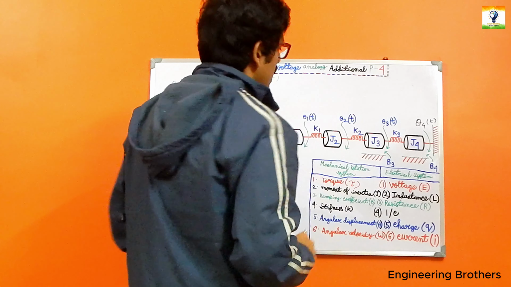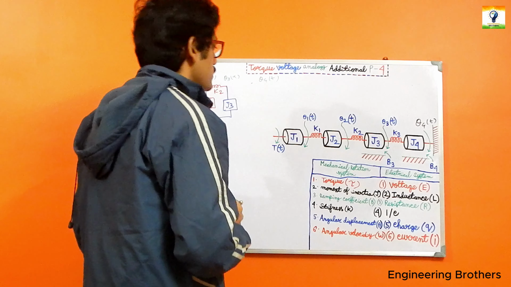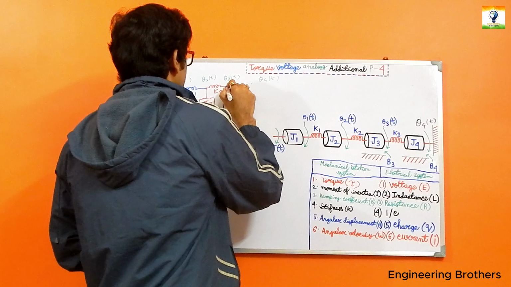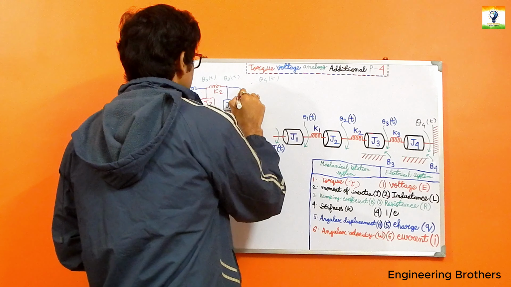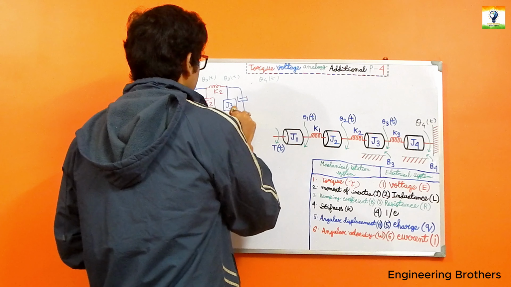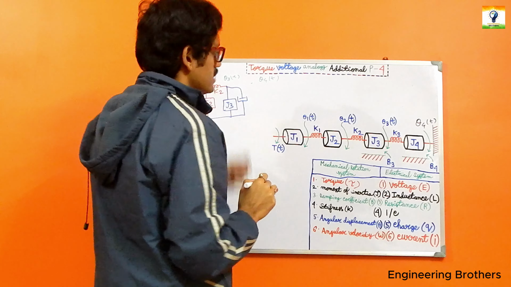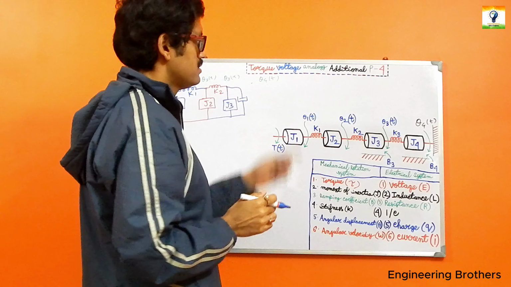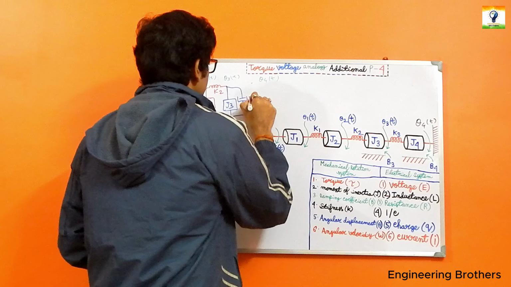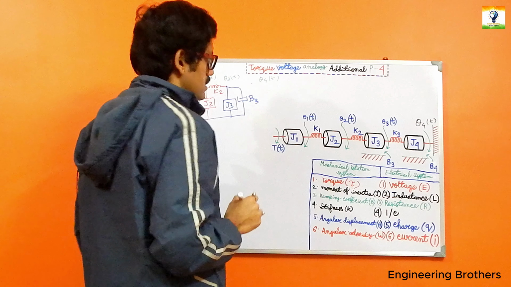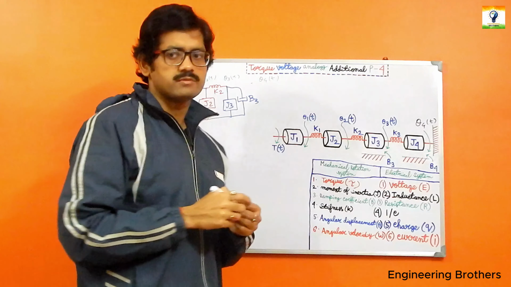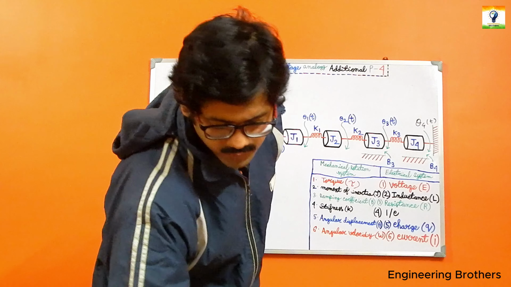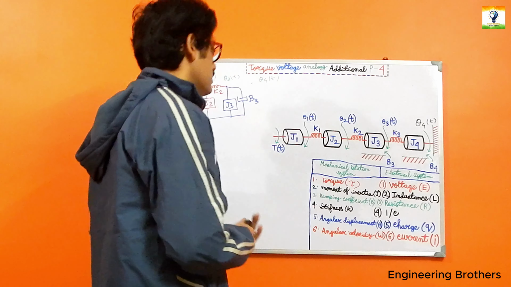According to our diagram, we are going to include the dashpot element which has the value of B3, and connect it with our angular displacement factor theta 3(t). So this is our B3 that has been connected. And for the last part, for theta 4(t), we are going to connect our J4.